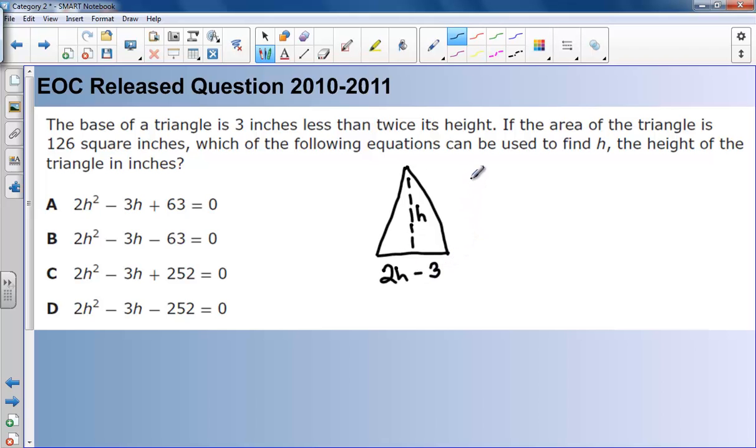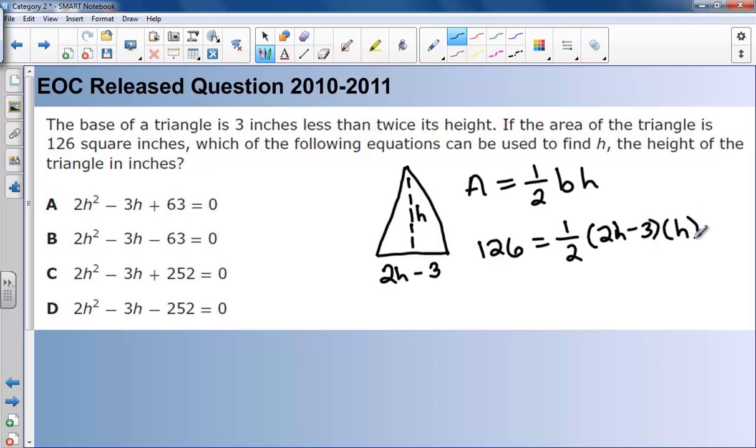And I know formula, and this will be on your formula chart for a triangle, area of a triangle, is 1/2 the base times the height, or base times height divided by 2. They told me the area is 126 square inches. So I've got 1/2 times 2h minus 3 times the height.